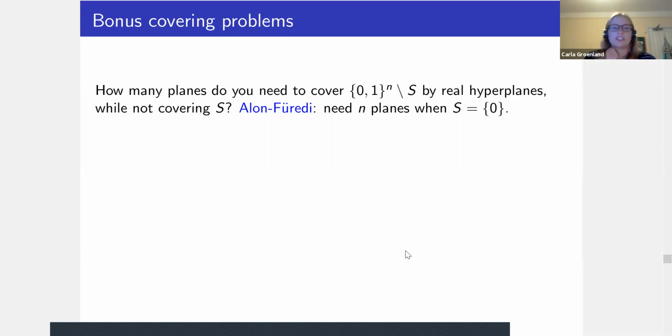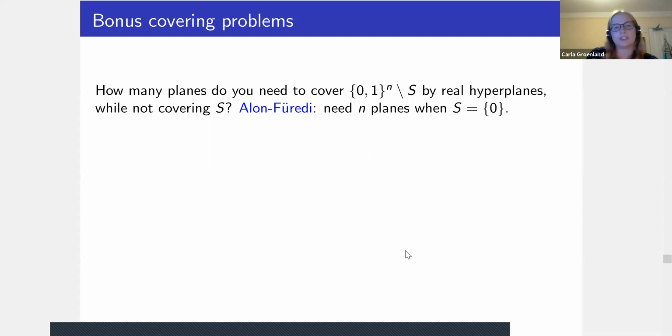One construction that you can take is just the layers, or you can take the planes of the form xi equals 1 for i in 1 to n, so the sides of the cube. Something that people recently studied is what if you want to cover points multiple times, and that's still very much open.